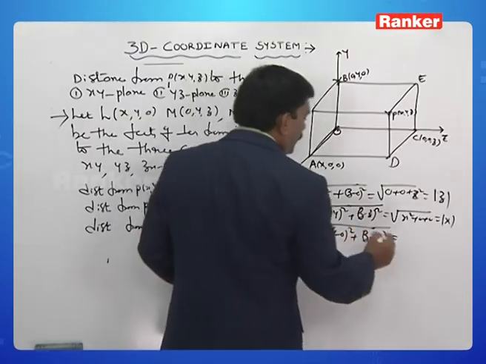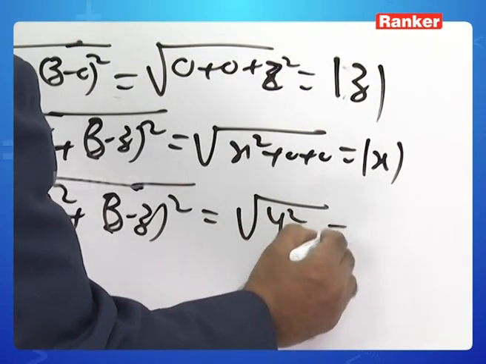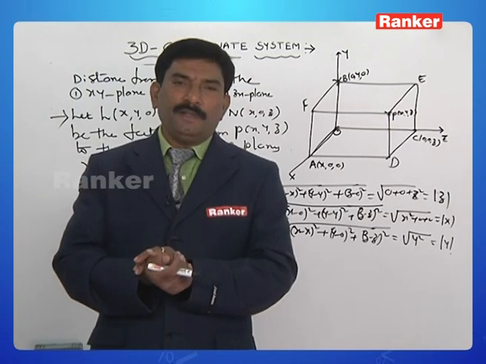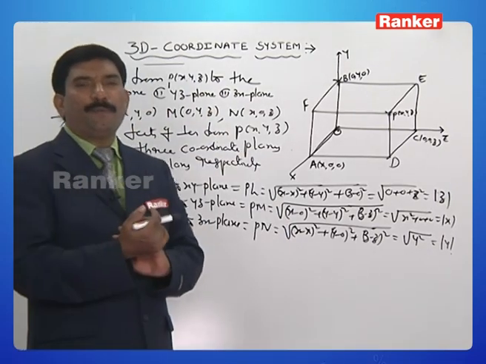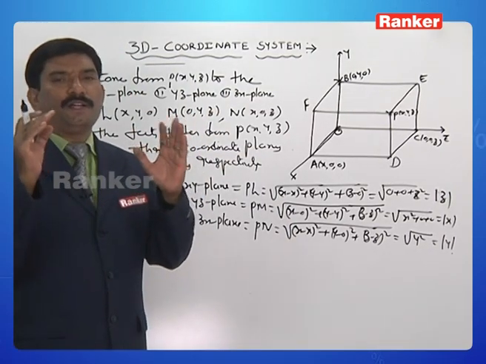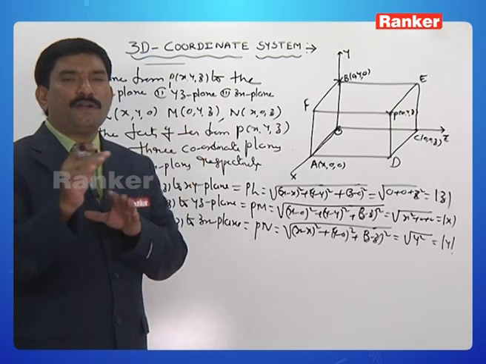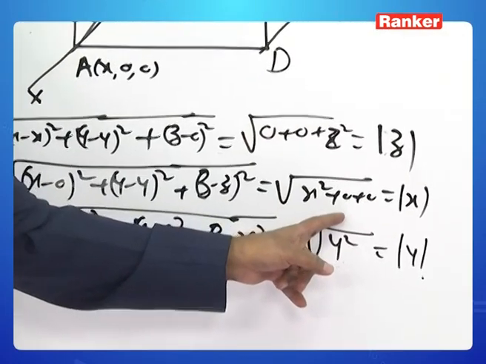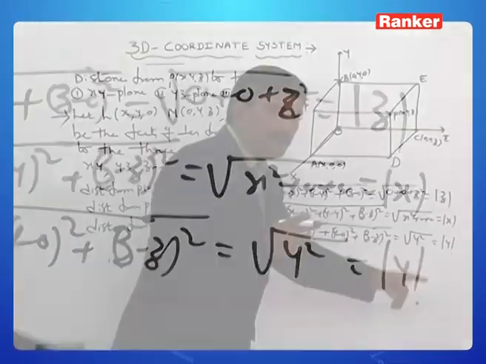Now this is nothing but y square, that is mod y. Remember, the distance from the point P(x, y, z), which is in space, to the xy plane is mod z, the yz plane is mod x, and the zx plane is mod y.